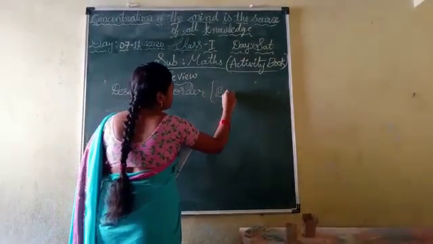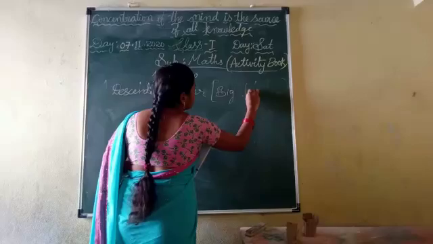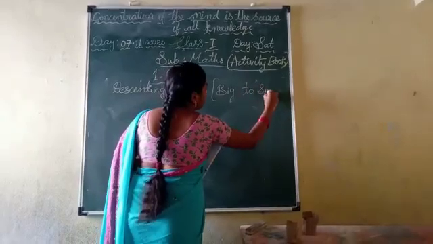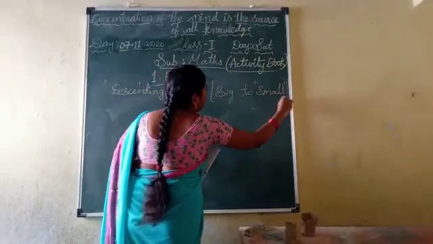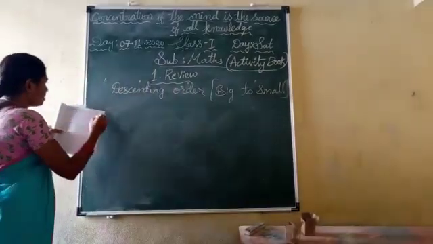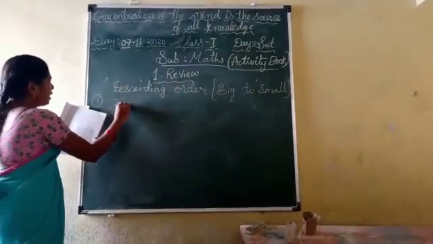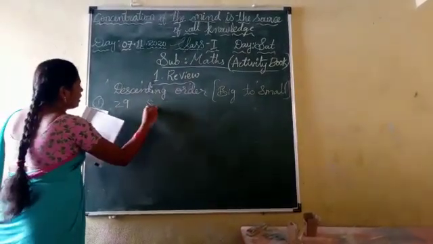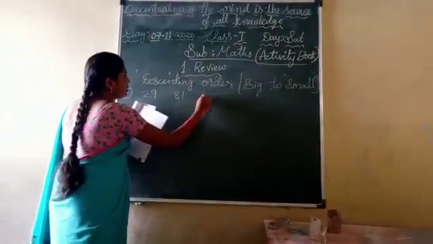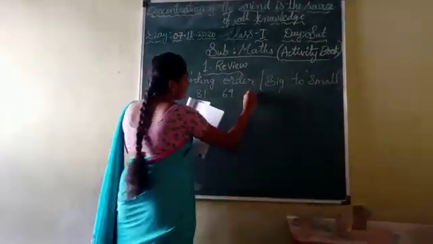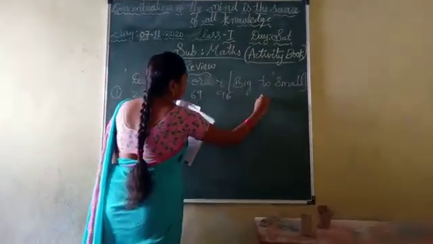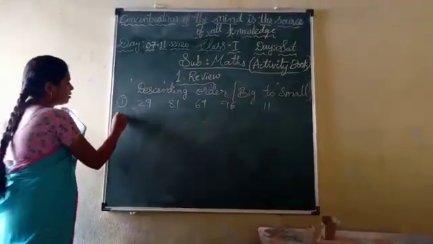Descending order means big to small. Here see the first one: 29, 81, 69, 96, 11.